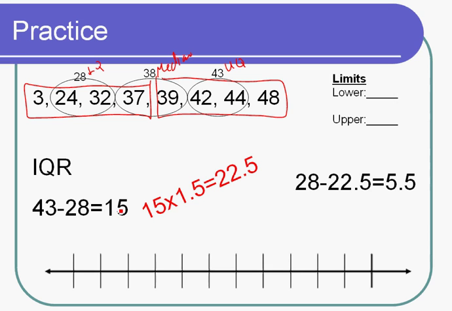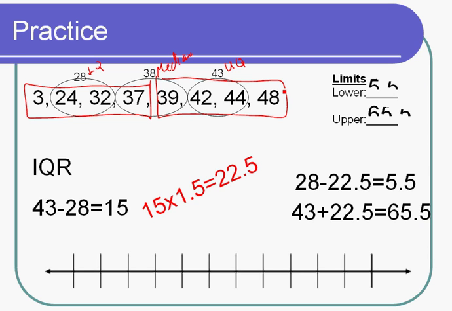That'll be my lower limit. I do have an outlier. And I'm going to take my upper quartile and add my product, 65.5. So there's not an outlier on the upper end. Here are my limits, and 3 is an outlier.